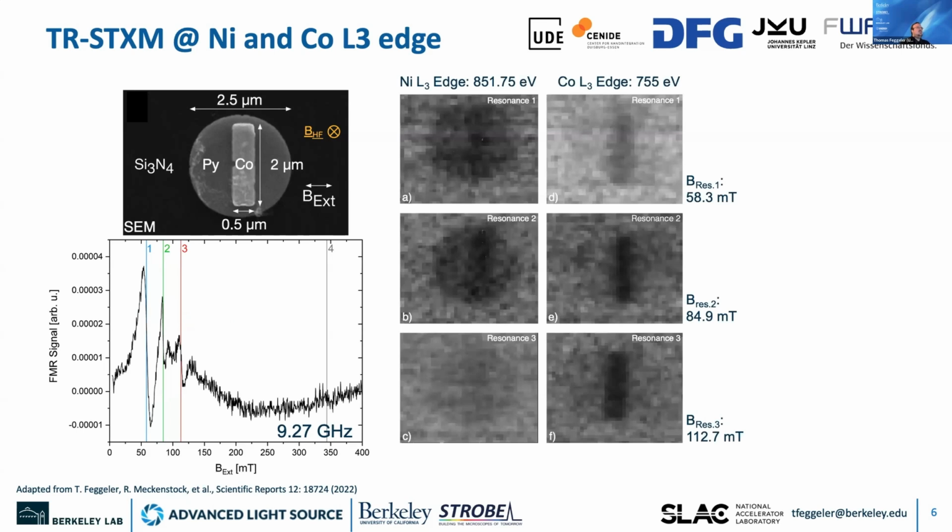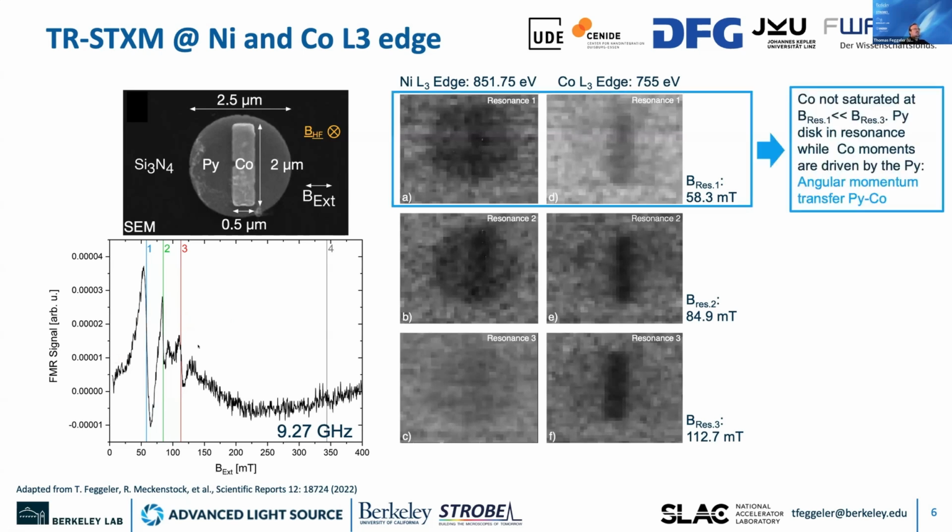Here we have example images of our measurements at the nickel L3 edge and the cobalt L3 edge, and the different resonance fields we see from the conventional spectrum. For the first resonance, the permalloy disk is basically showing a uniform XMCD contrast with a higher intensity area at the position of the cobalt stripe, while the cobalt stripe itself at the cobalt edge just shows an oblique excitation.